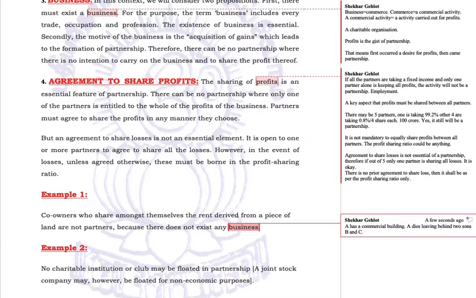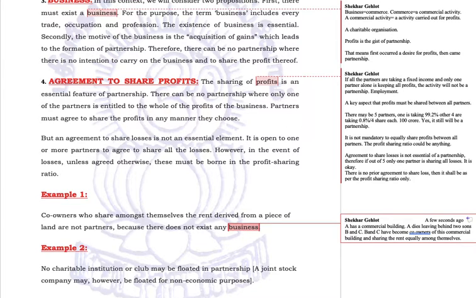A dies leaving behind two sons B and C. Now these B and C have become co-owners of this commercial building and are sharing the rent equally among themselves. Now they are carrying on a profit activity and they are sharing the profits as well.